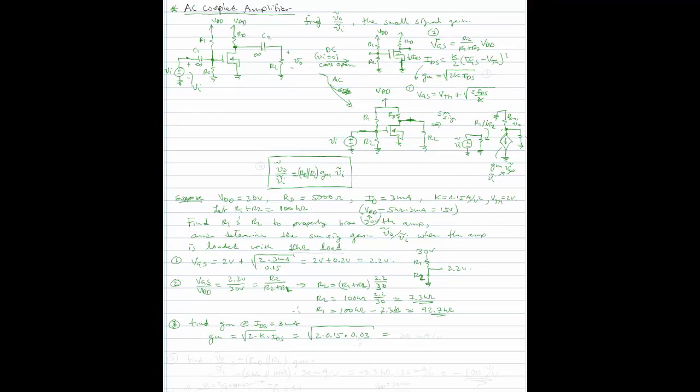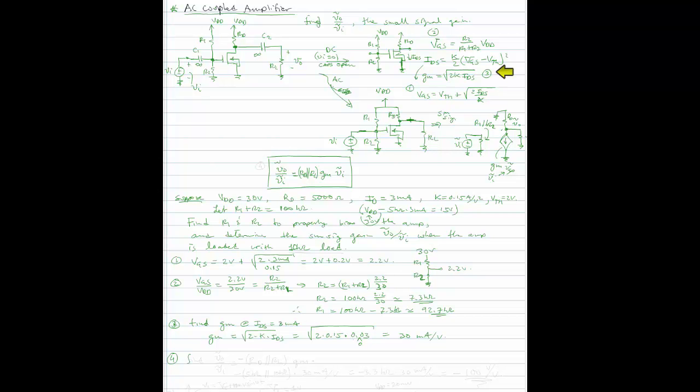So that's the square root of 2 times 0.15 times 0.03, and that evaluates to 30 milliamps per volt. Sorry, this is a mistake. It's 0.003, 3 milliamps, right? That gives 30 milliamps per volt.